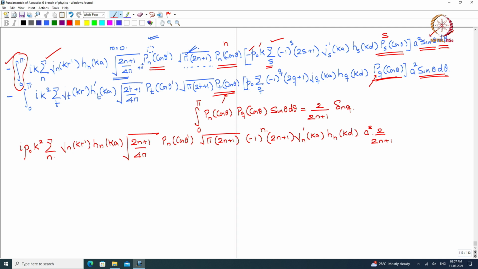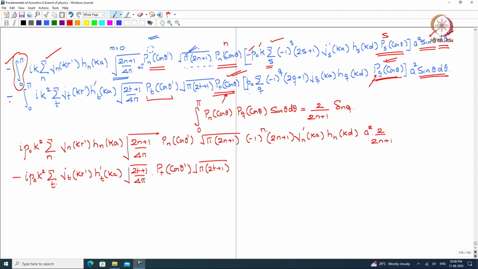Then I have a minus, this minus here, I have a minus p0 i k square and a summation which I will call t, that does not matter, then jt of kr dash, h dash t of ka, and square root of (2t plus 1) by 4 pi, Pt cos theta dash goes away, then root over pi of (2t plus 1), Pt cos theta gets into an integral with Pq cos theta.